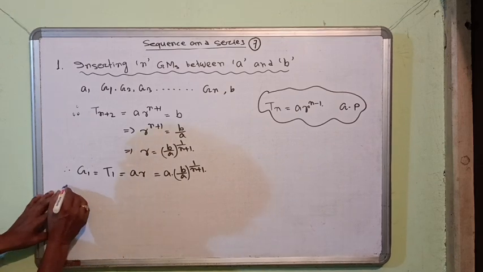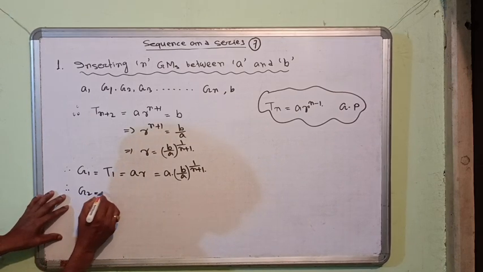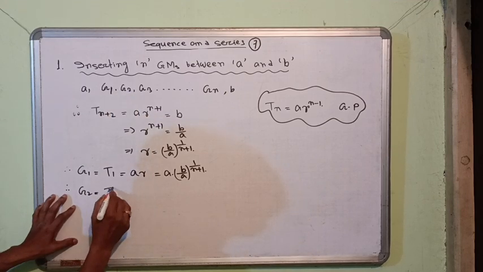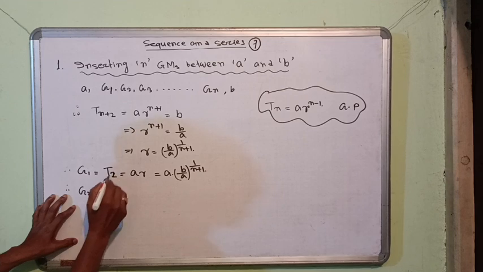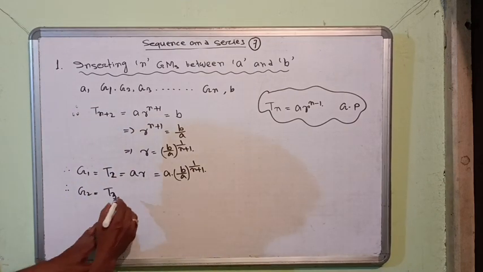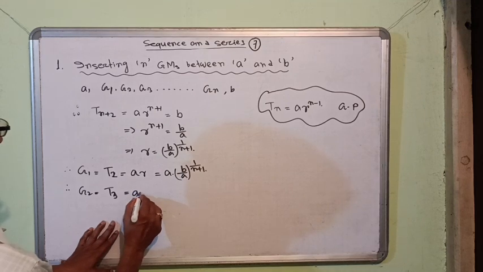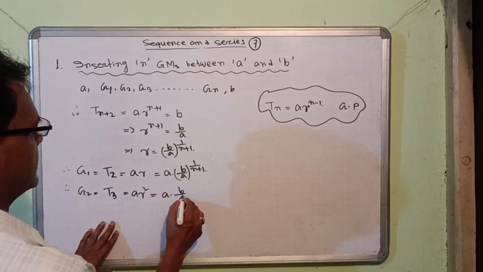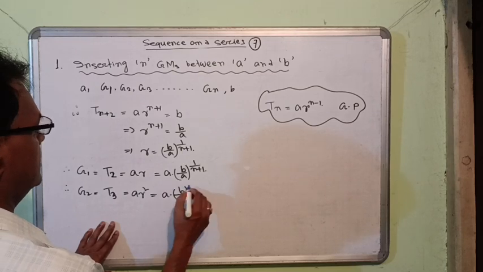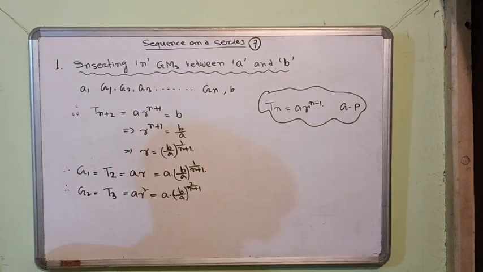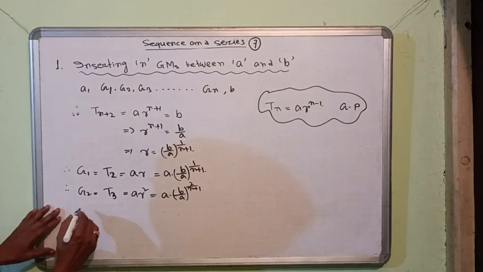Similarly, Z2 is equal to the third term, that is T3, which is AR square, equal to A into (B by A) whole to the power 2 by n plus 1.